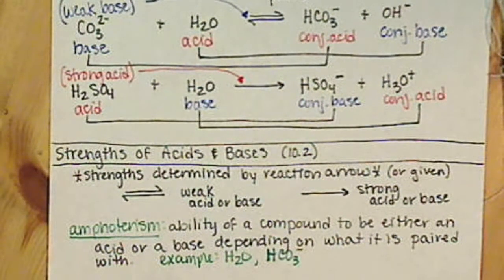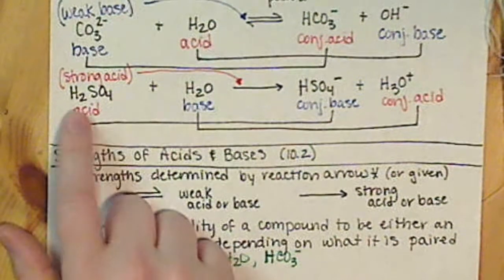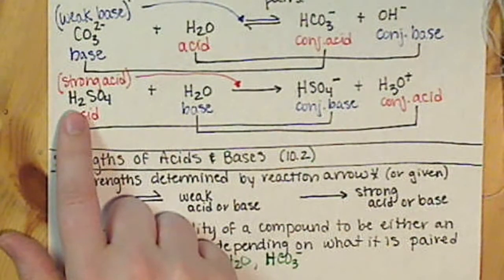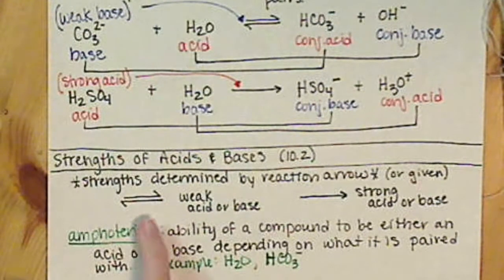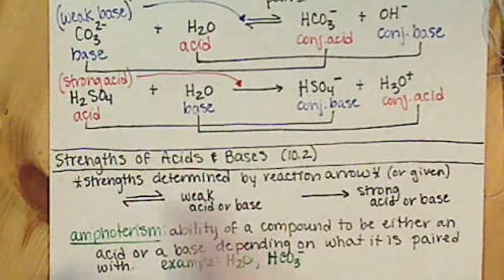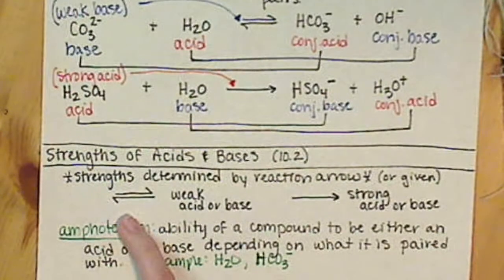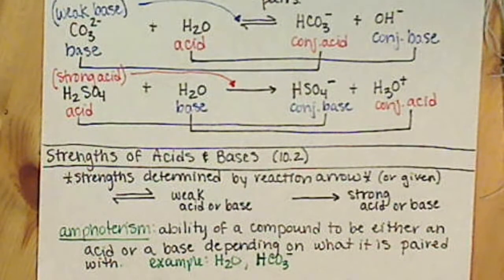If I don't give you a chemical equation, say I'm asking you for a chemical equation, I would tell you in that problem. I might ask you, write out a chemical equation for sulfuric acid in water. Sulfuric acid is a strong acid, and then you'd be looking at something like this. Most of the time you're going to see an equation with arrows here to identify strong versus weak.